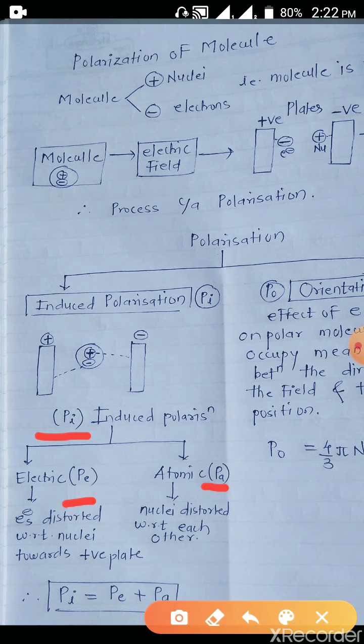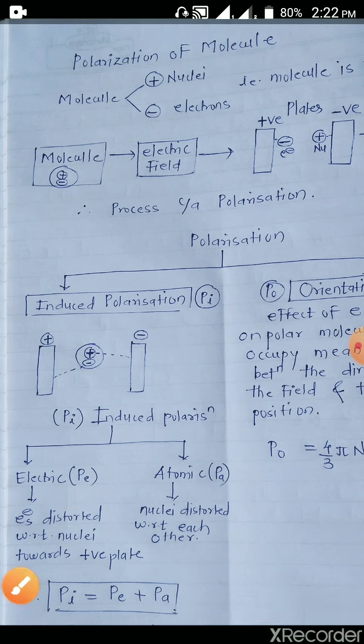In case of electric polarization, electrons are distorted with respect to the nuclei towards the positive plate, while in case of atomic polarization, the nuclei are distorted with respect to each other. The total induced polarization is given by the sum of Pe, that is electric polarization, and Pa, that is atomic polarization.